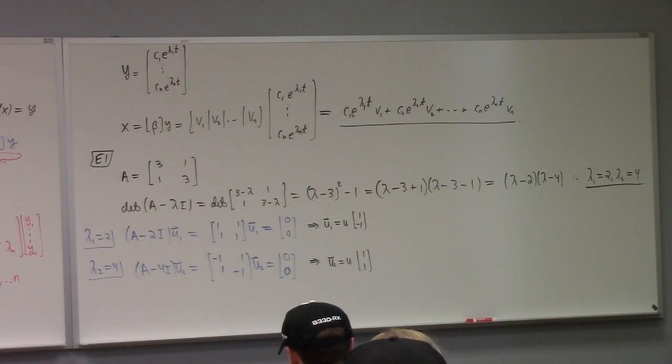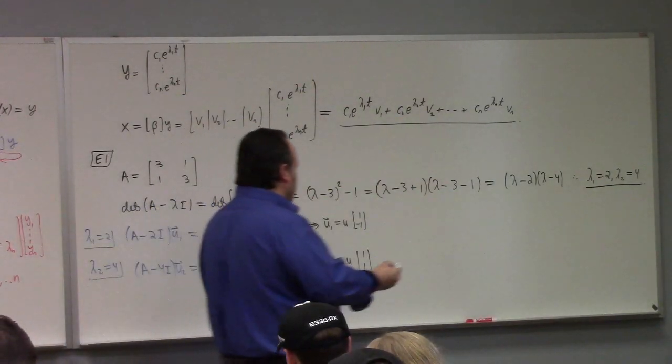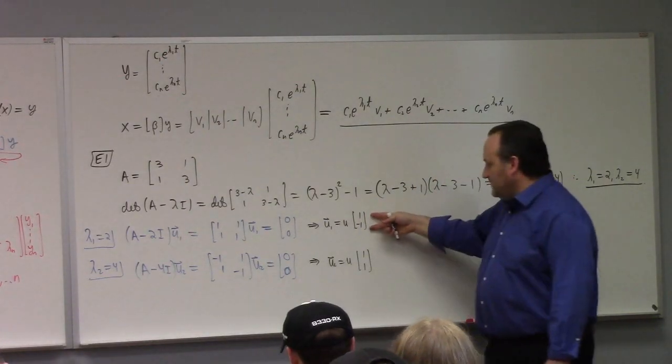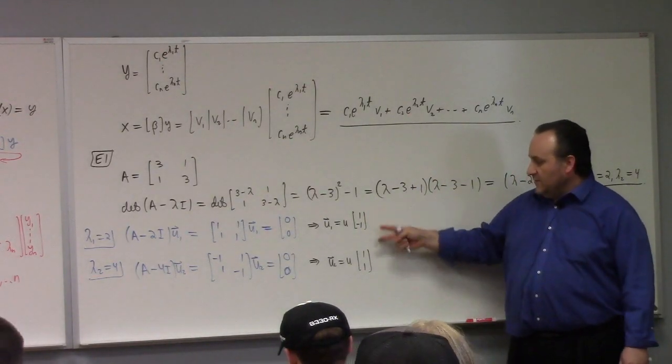As long as u is what? There is one choice we cannot make. Eigenvectors must be non-zero. If I make u equal to 0, we're in trouble, right? So let's not do that. As long as we don't do that, we have non-zero vectors. Now, did you notice something about these vectors? Take the dot product of u1 and u2, what do you get?